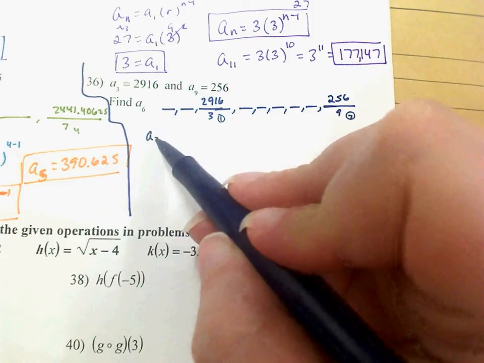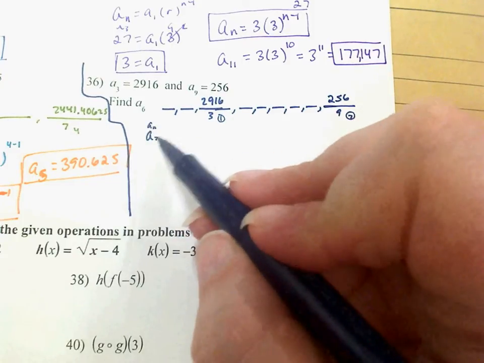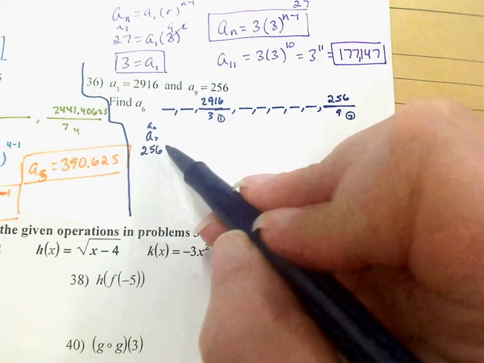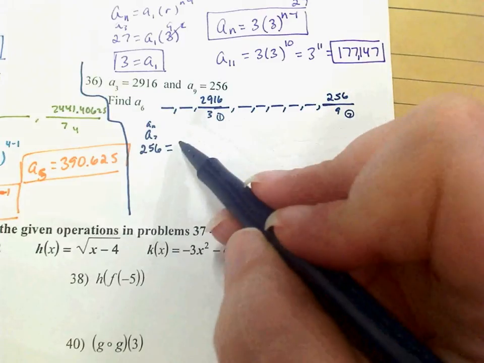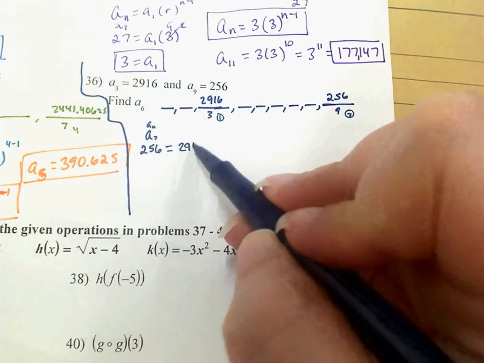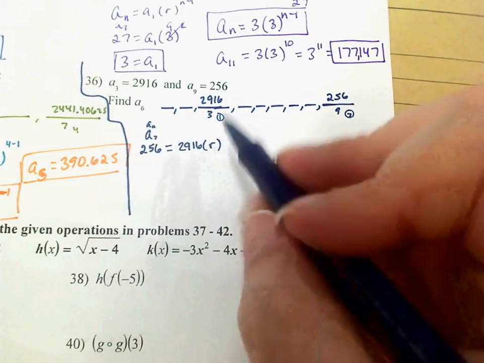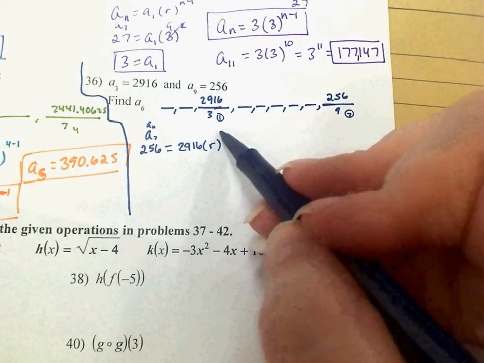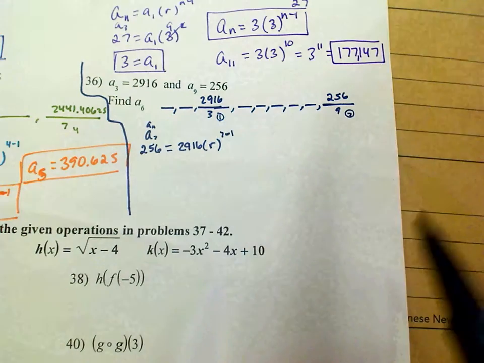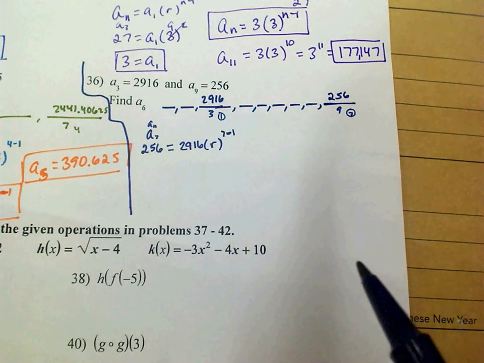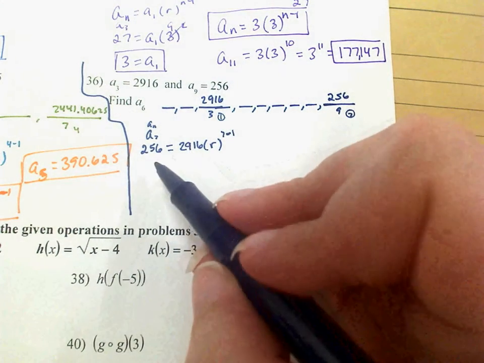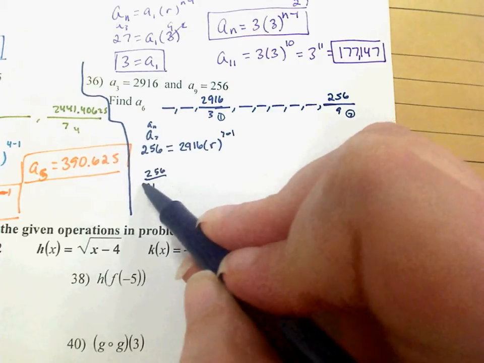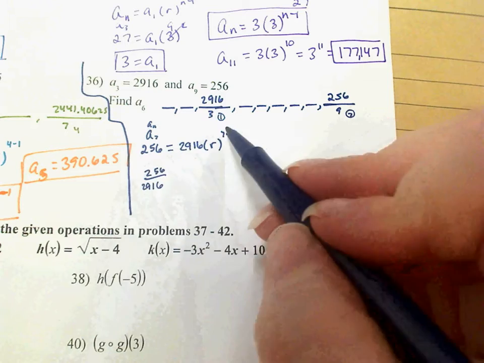A sub 7, I'm doing this 3 times, which is 256, equals a sub 1, which we're pretending to be this one, 2916, times the common ratio, which I don't know, to the n minus 1. So remember, a sub n, which is a sub 7, this is 7 minus 1. Pretending like it's the 7th term. So I need to basically divide by 2916, and then take the 6th root, or raise to the 1/6 power.